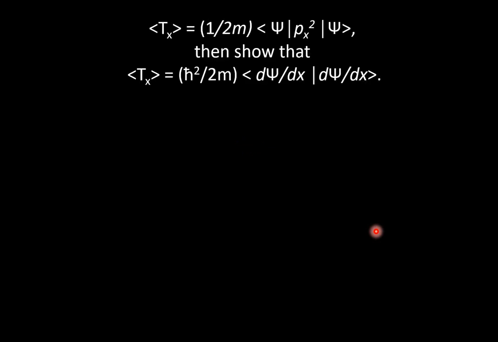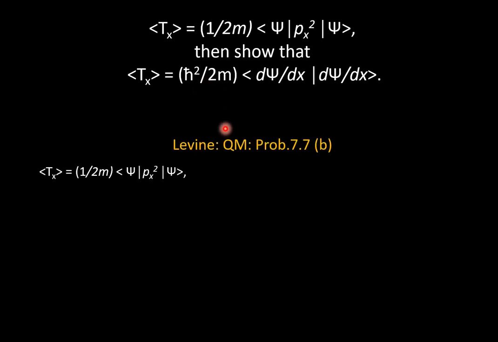So it's a one line answer: if A is Hermitian, we can write it in this way. Fine. Next question, kinetic energy average ⟨Tx⟩ is ½m ⟨ψ|px² ψ⟩ by definition. But then you have to show that this can be written as ∫|dψ/dx|² dx with h bar square by 2m. So can we? Yes, it's a question from Levine. Now ⟨Tx⟩ is ⟨px²/2m⟩, that means ⟨ψ|px² ψ⟩, and one px comes here by the turnover rule because px is Hermitian. So ⟨px ψ|px ψ⟩.